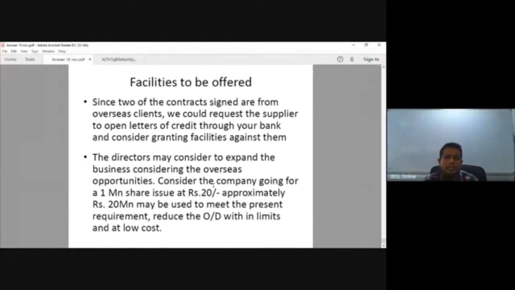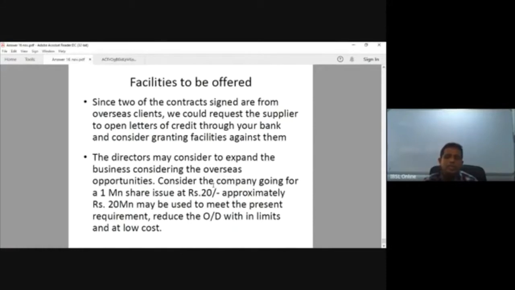Right. Since 2 of the contracts signed are from an overseas client, we could request the supplier to open letters of credit through your bank and consider granting facilities against them, right? That is another option or facility that can be considered.